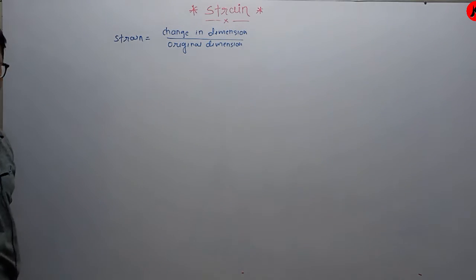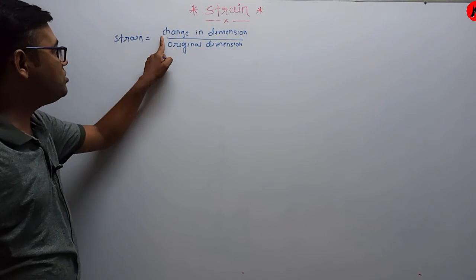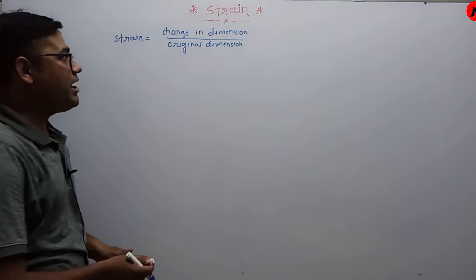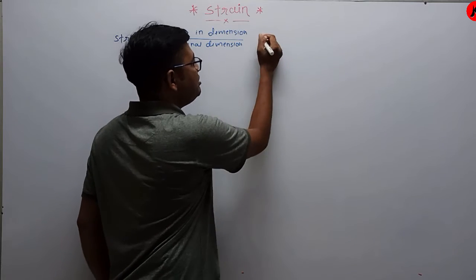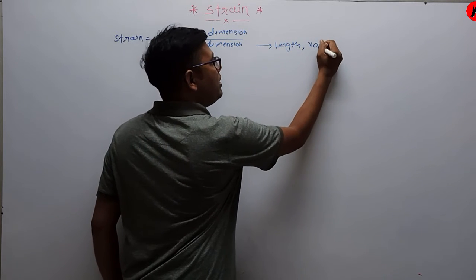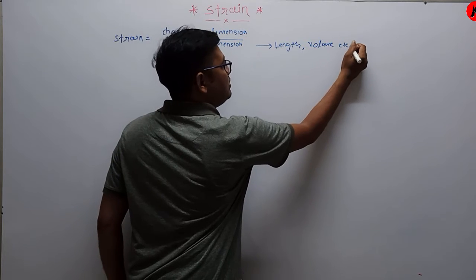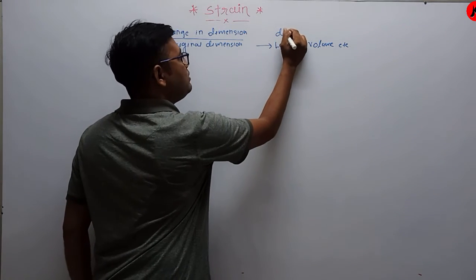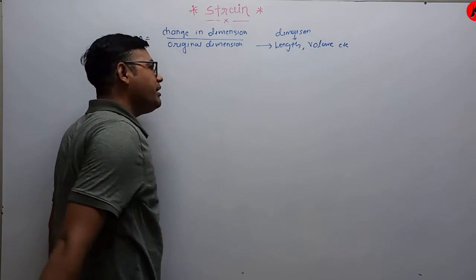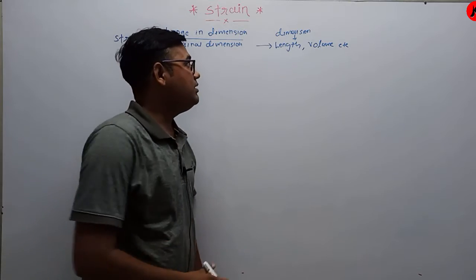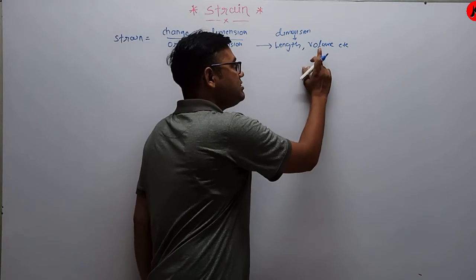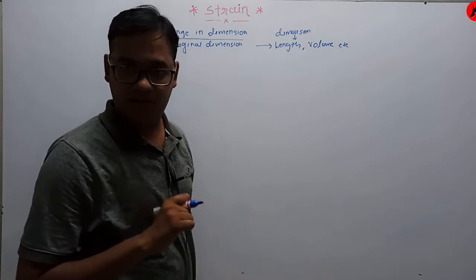Strain is defined as the ratio of change in dimension to original dimension. The dimension may be length, volume, etc. There may be a change in length of a solid body, or there may be a change in volume of a body.